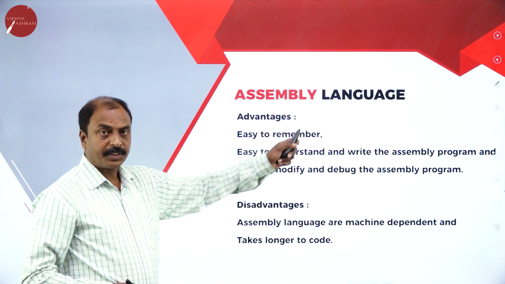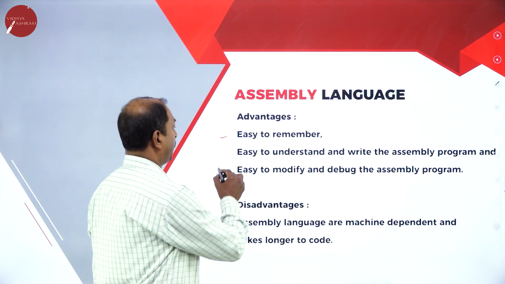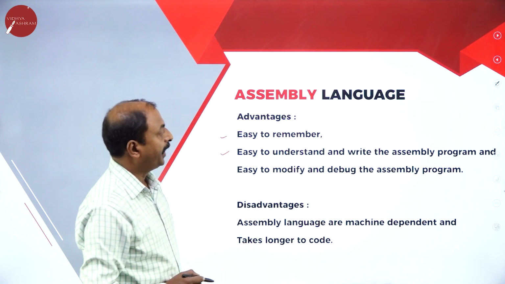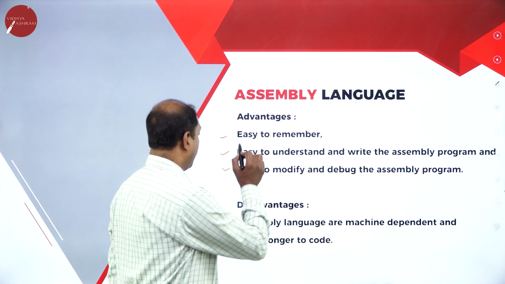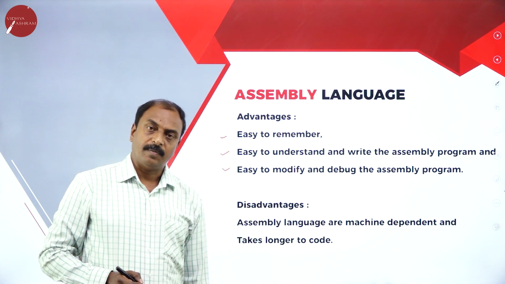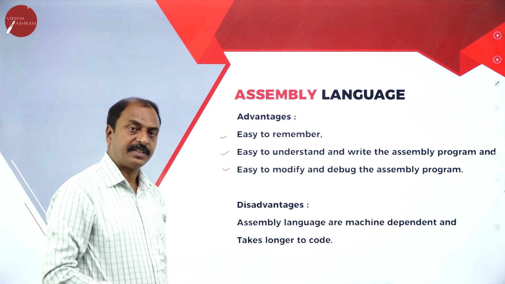And what are the advantages of this? Easy to remember and easy to understand, easy to write the assembly program, and easy to modify and debug. So as compared to machine level language, these processes are much easier.